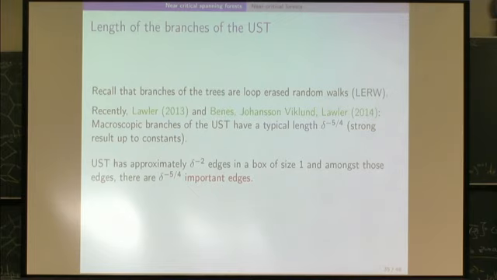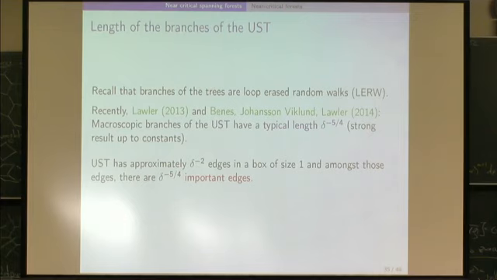And the 5/4 shouldn't surprise you, because I told you that SLE2 has Hausdorff dimension 5/4. But it's a very strong result, because they proved it not only logarithmically, but up to a constant. So it's a very strong result, and we have very precise information about the macroscopic branches of the uniform spanning tree.